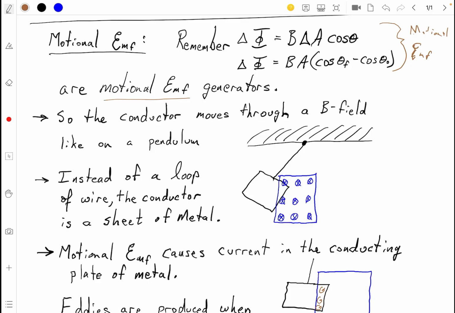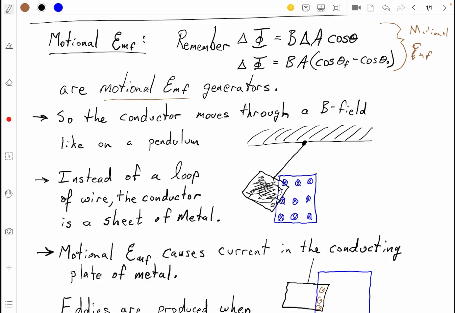It's not a loop, okay? It's a full-on sheet. So it's solid, but thin, and it's going to slide through this B field.